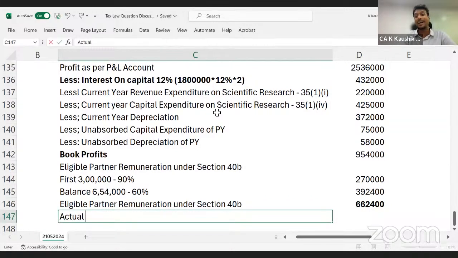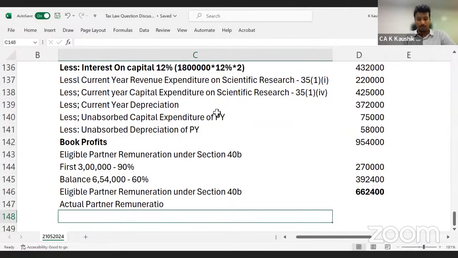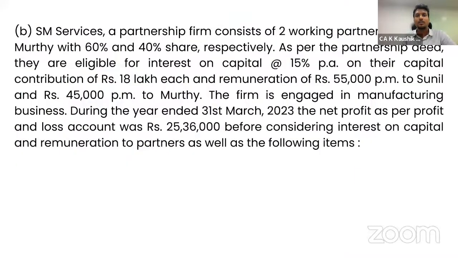What is the actual? If the actual is lesser, you will take the actual. Actual partner remuneration for the partners. Who are the two partners that we have? Sunil and Murthy.